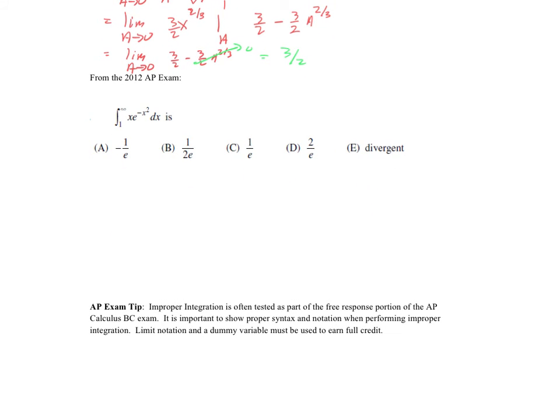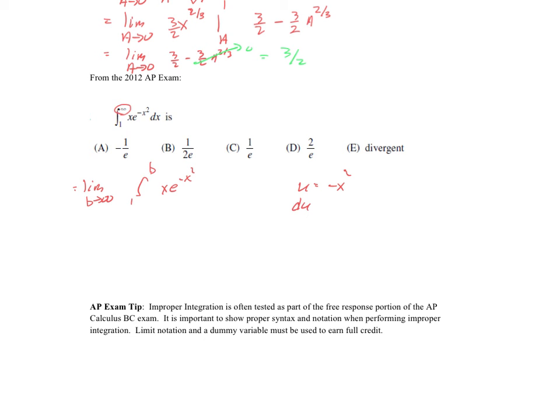We have one more and just a reminder. All right, so I see this is from the 2012 exam. We've got it improper. There's an infinity in the upper limit. All right, so I can do a U substitution here.